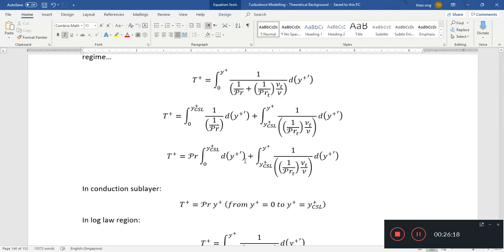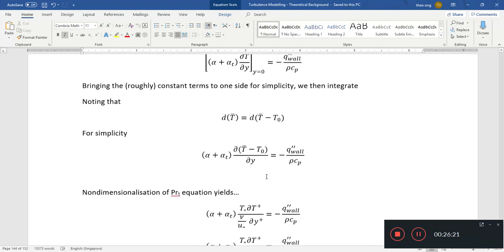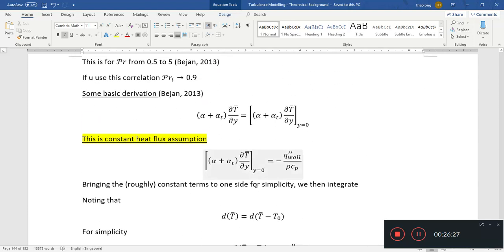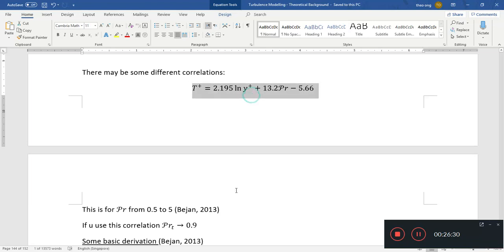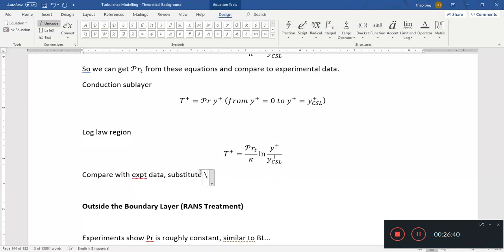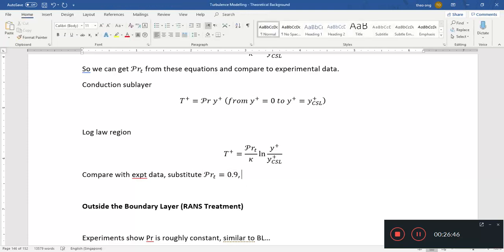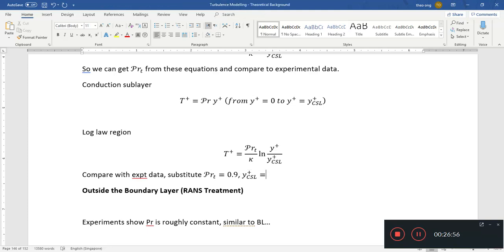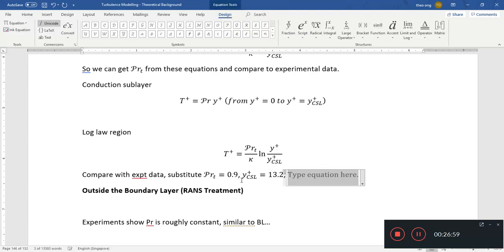If we substitute and compare with experimental data, script PRT equals 0.9, y CSL plus equals 13.2, and one more thing is kappa, the von Karman coefficient, equals 0.41.